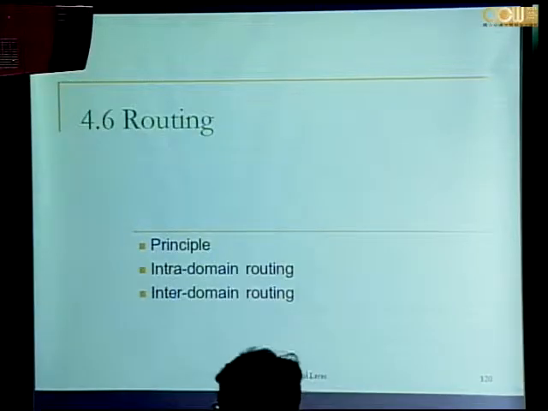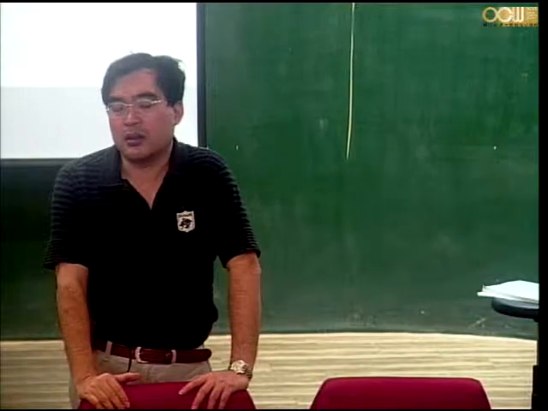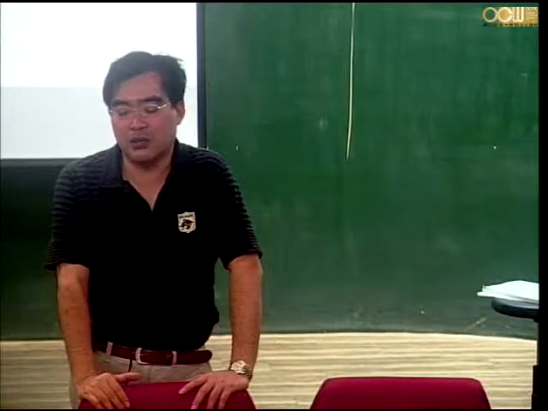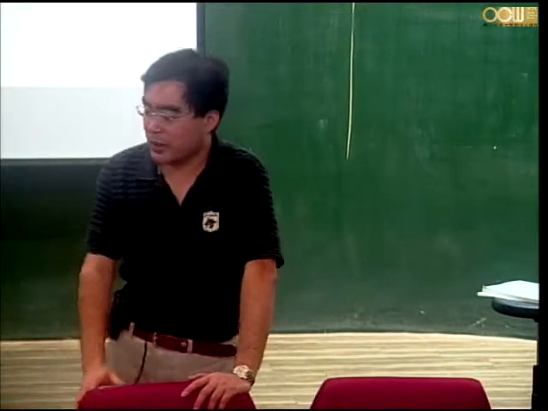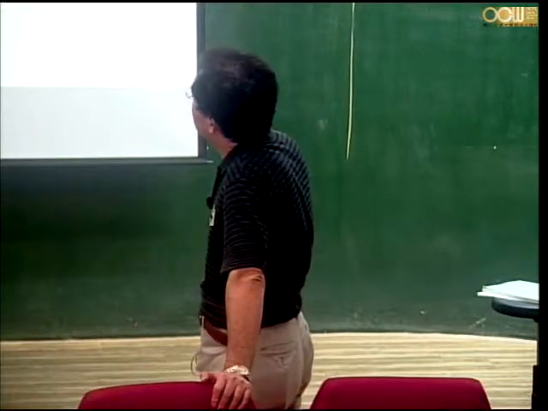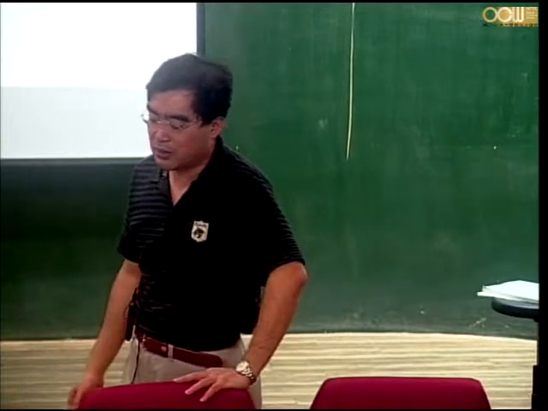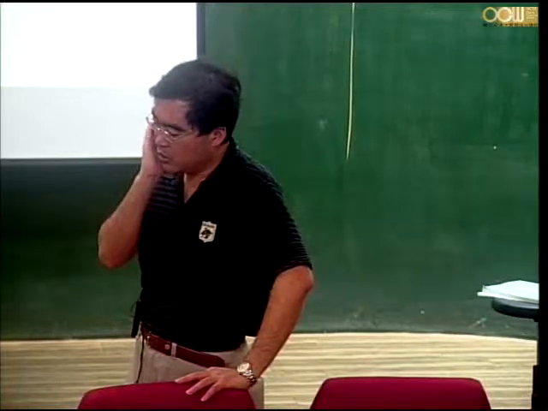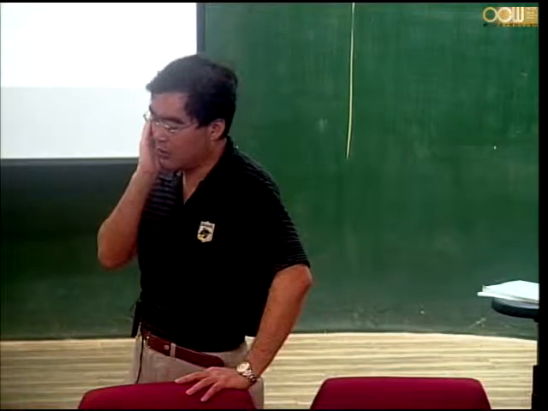Instead, people are looking at application layer multicast, done by multicast servers at the application layer, not at the IP layer. We still want to talk about multicast routing to give you an idea how it works, but it doesn't quite succeed, and you need to know why.